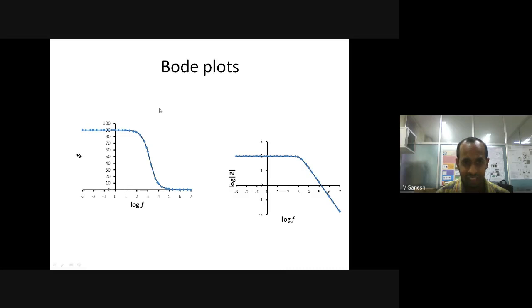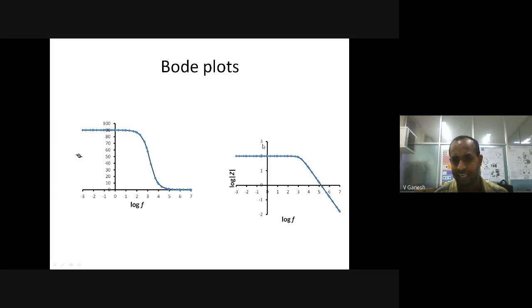So by looking at this kind of plot, one can assess this is the frequency range, this is the time duration, in which your material will exhibit pure capacitive behavior, because it exhibits 90 degrees throughout this frequency region.